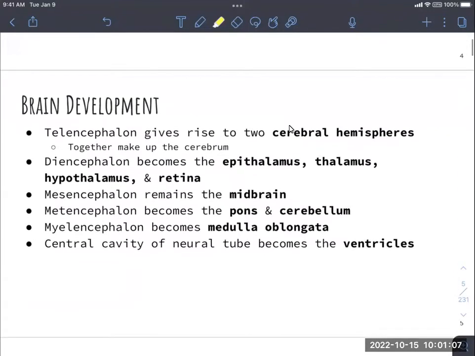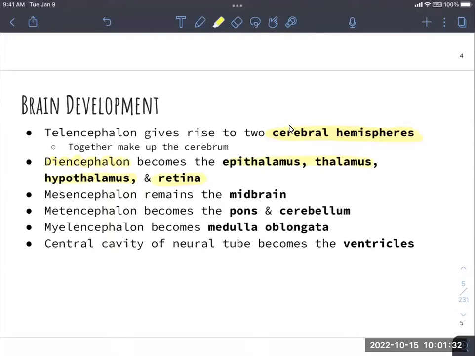That telencephalon will be your right and left cerebral hemispheres. The diencephalon, your epithalamus, thalamus, hypothalamus, and even the retina will come from that diencephalon.